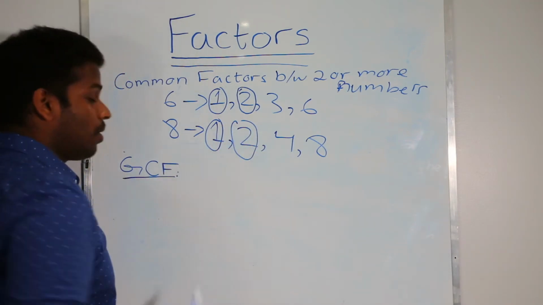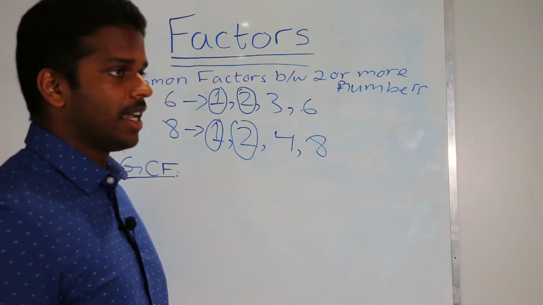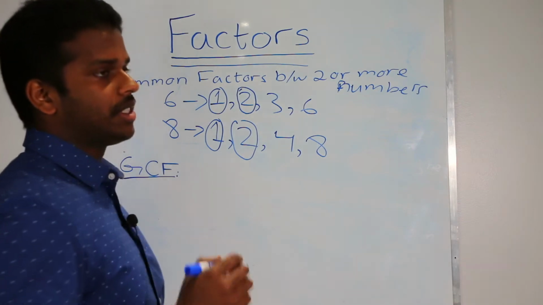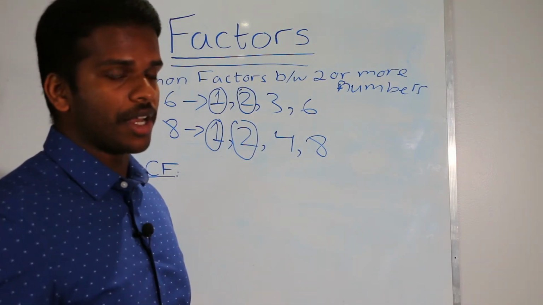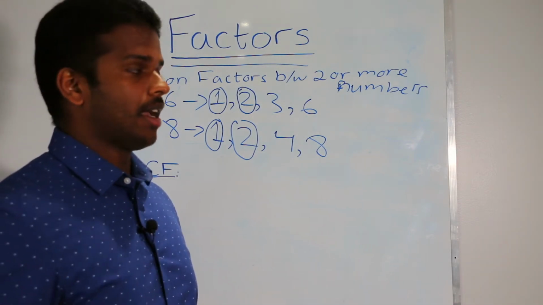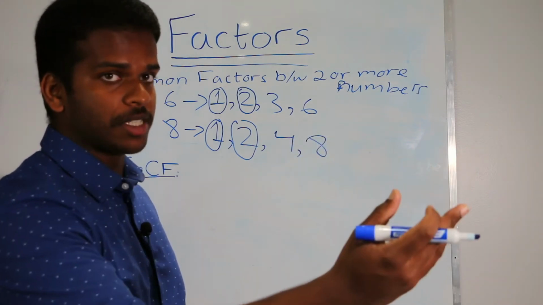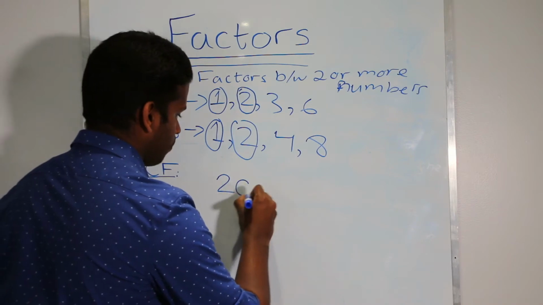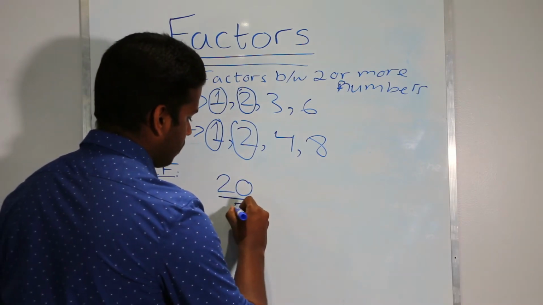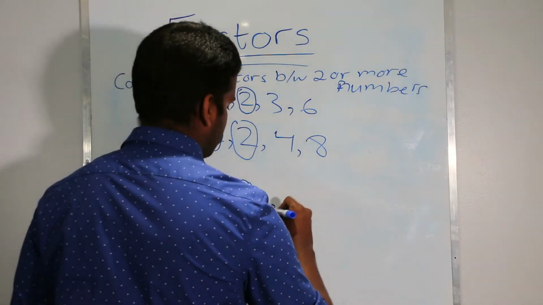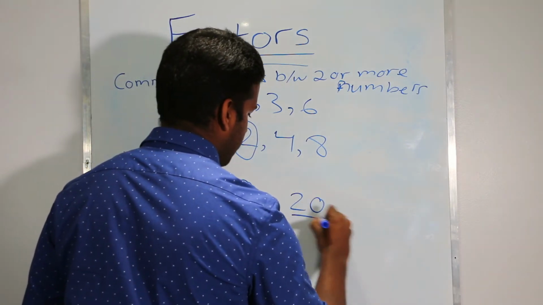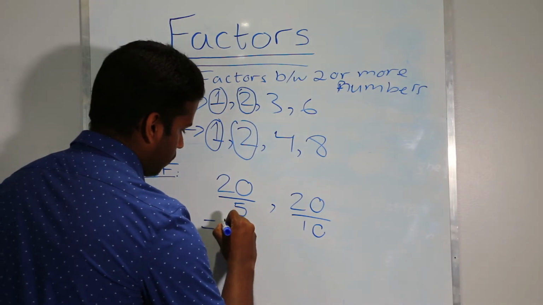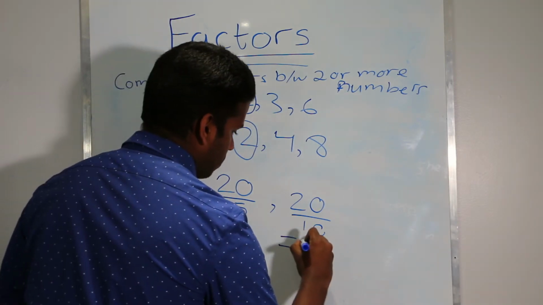So we need to know the greatest common factor, because when you're simplifying fractions, you would need to divide your numerator and denominator by the largest number possible in order to simplify it. Like if you divide 20 by 5 and 20 by 10, you will notice that 20 divided by 5 gives you 4 and 20 divided by 10 gives you 2.